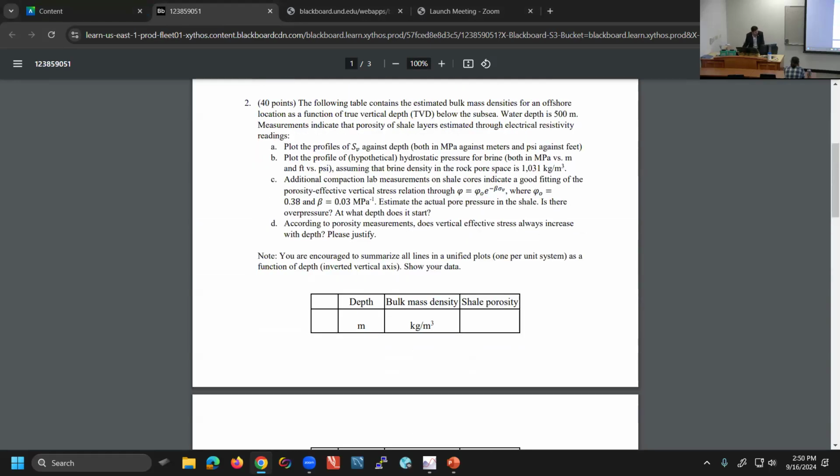Remember, we're going to see it today if we have the time, but just to tell you that from this equation and what you know right now, you can rewrite this equation to phi equals phi sub O e to the minus beta (sigma V minus PP). And here is the pore pressure. So you have a relationship of phi and pore pressure.